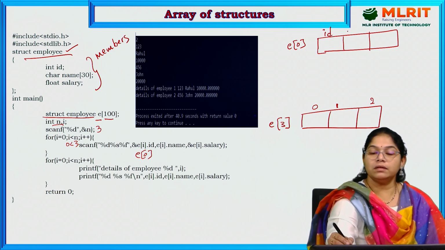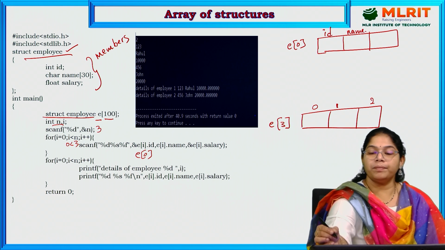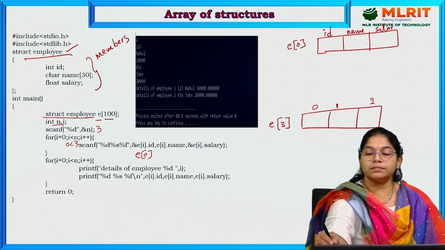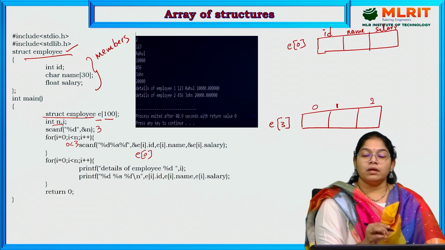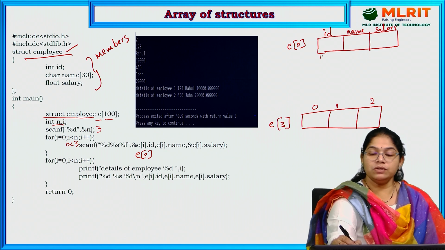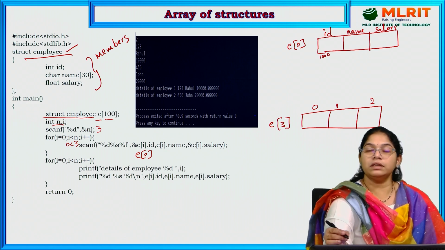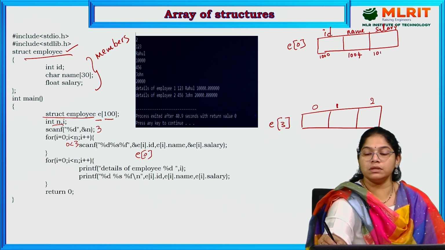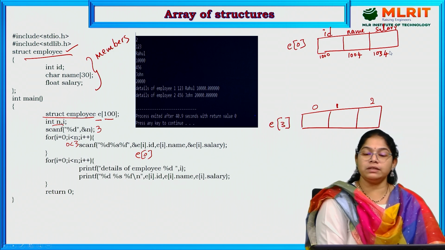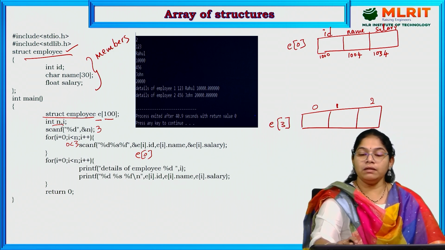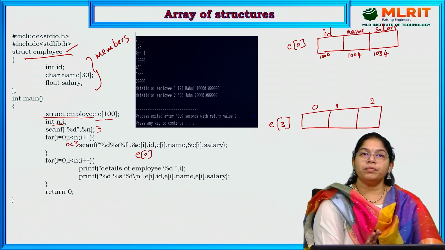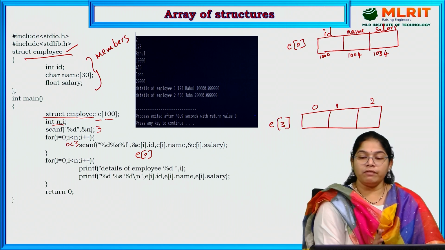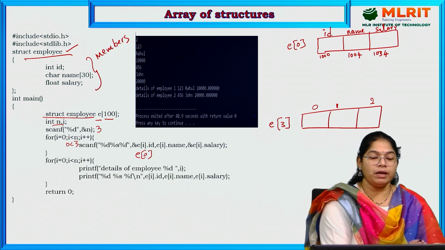Each employee can access the members ID, name and salary. Let us suppose the base address of this is 1000. The next would be 1004 and the next would be 1034, because int occupies 4 bytes of memory. Then the next is the name. For name, I have given the size as 30.